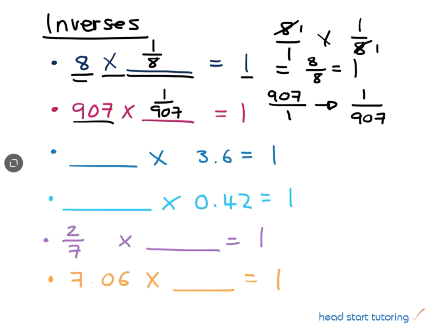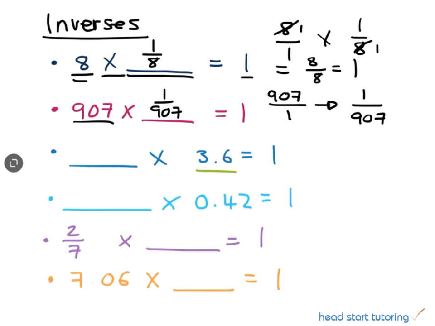Right, so now when we are working with decimals, it gets a little bit more tricky because we need to first convert our decimals into fractions, and then from our fractions it's easy because we just flip the numerator and the denominator. So it's not very difficult, there's just another step involved.